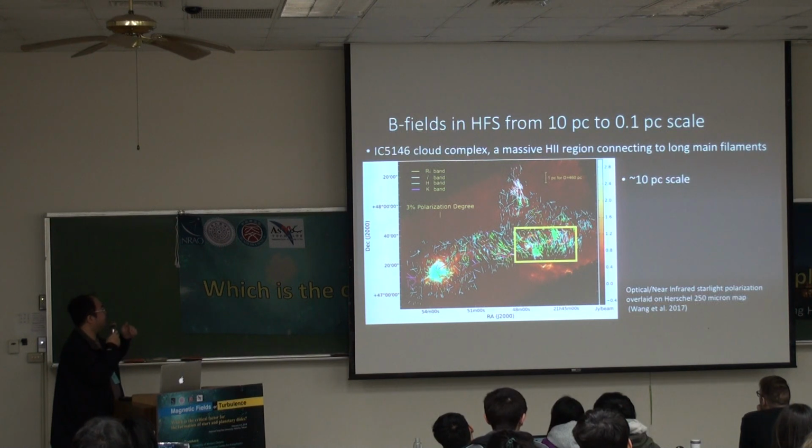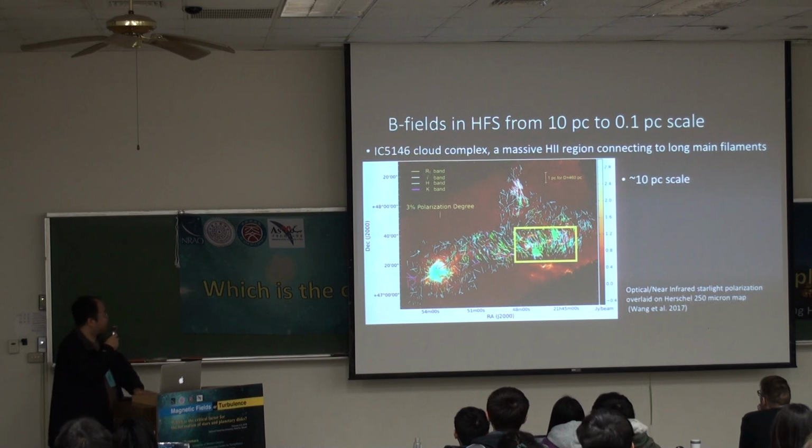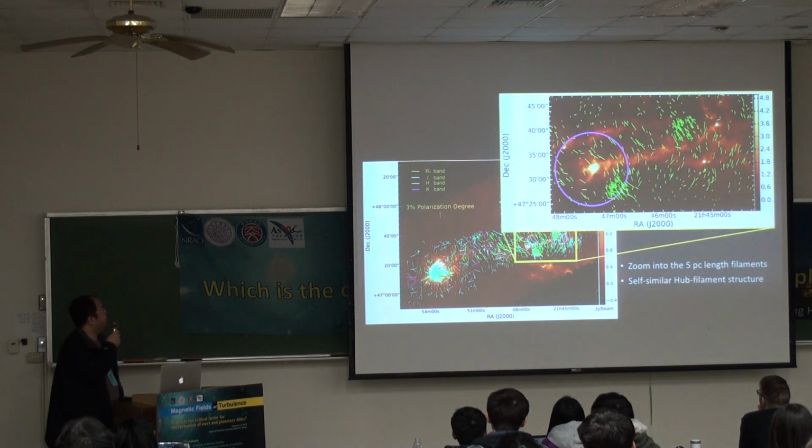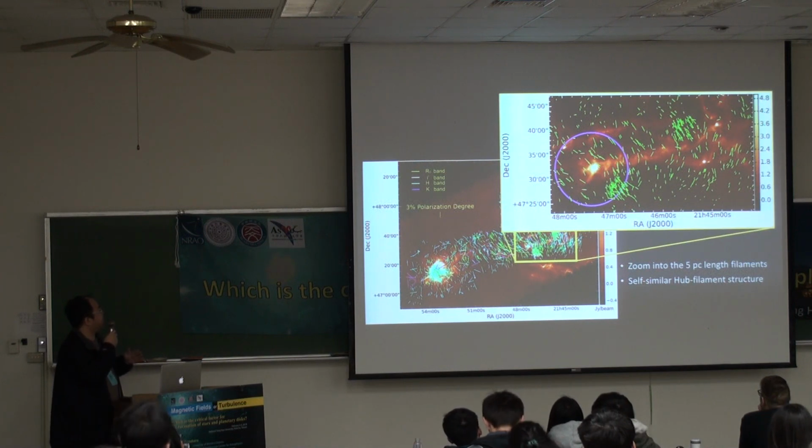Our near-infrared and optical polarization shows the large-scale magnetic field is roughly uniform and perpendicular to the main filament structure. Here we want to zoom into the yellow box, which is the densest filament in this region, and we see a similar structure: a 5 parsec long filament connecting to a dense hub, and here the filament is still roughly perpendicular to the magnetic field.